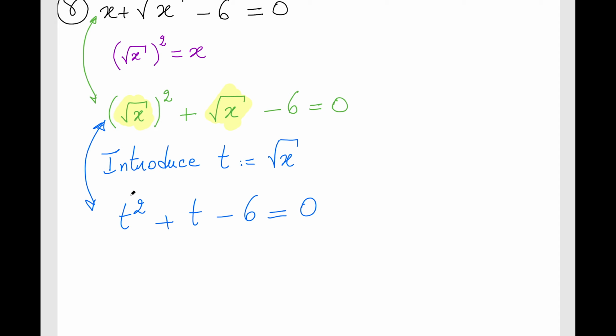On one side, second degree polynomial, the other side 0. So this is the standard form of a quadratic equation. And now I'm going to solve it. So I want to factor the left-hand side. And if you want to factor it using the quadratic formula, be my guest.